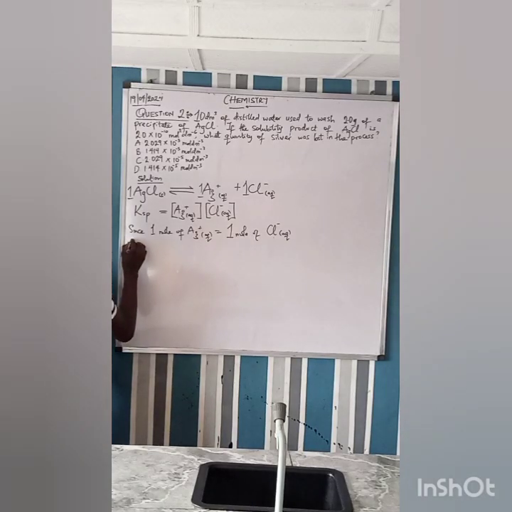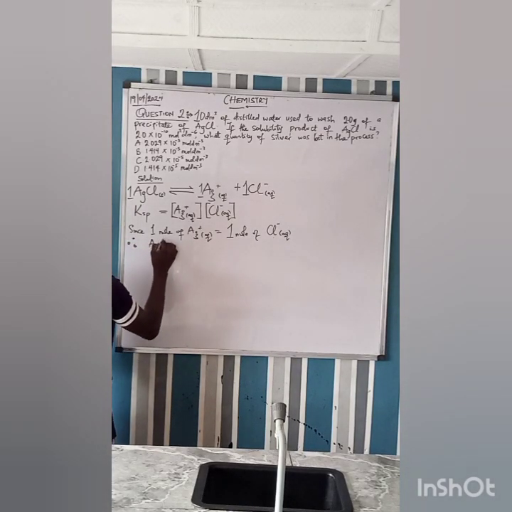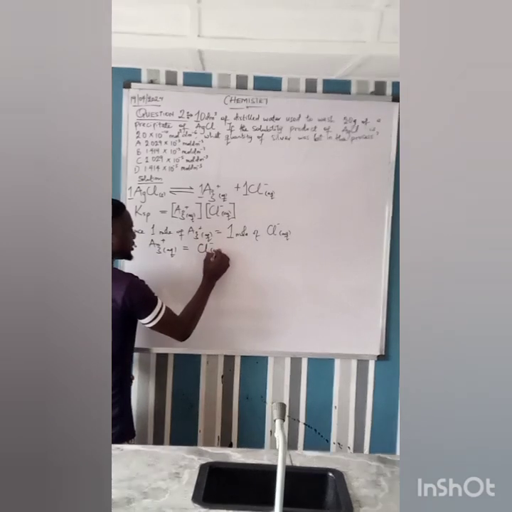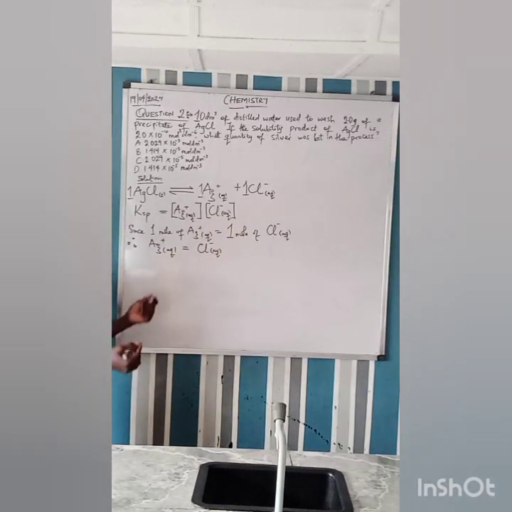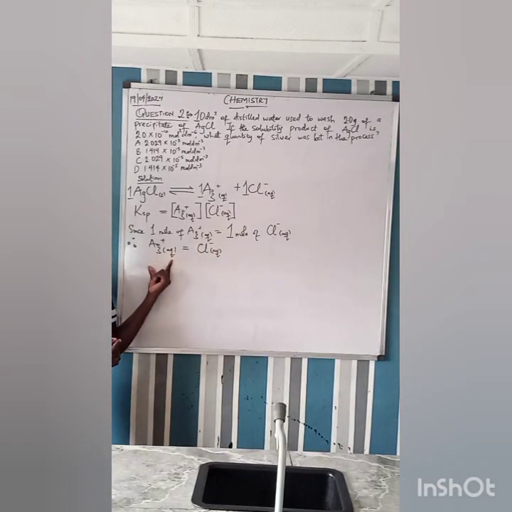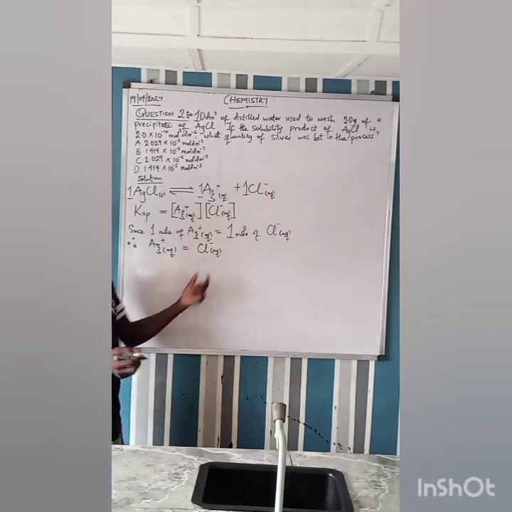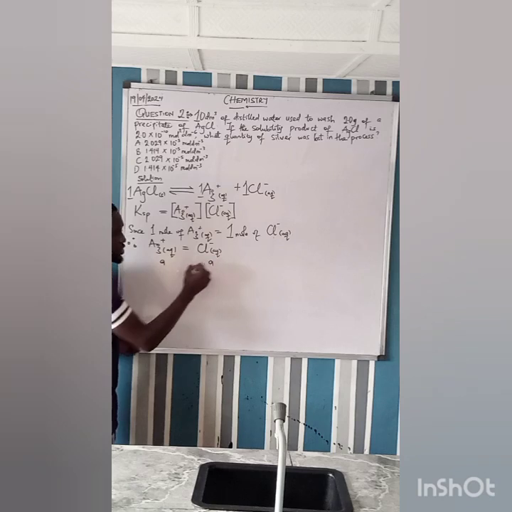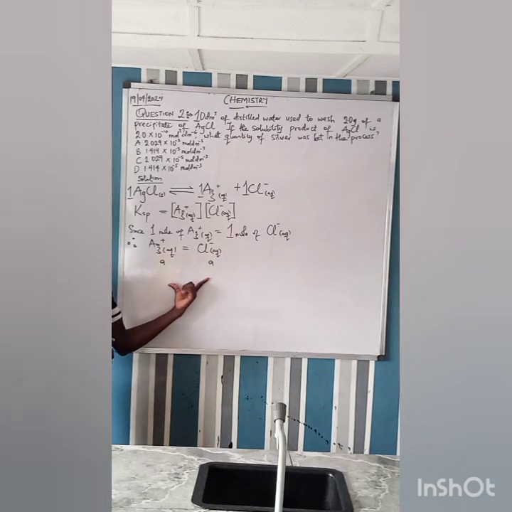Therefore, we can say that silver ion aqueous is equal to chloride ion aqueous, which means that any value we have for the solubility of this will also be the same value as this. So let's assume we have this as A. Definitely this one too is going to be A.